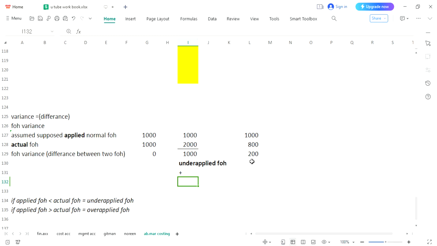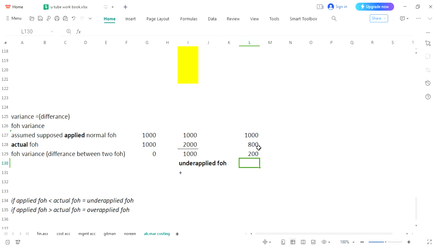Now come over here and see, applied FH was 1000 and actual FH was 800. It means actually you are spending less. You have assumed more. Assumed more means there was a wrong perception, wrong assumptions. You have supposed a wrong amount.